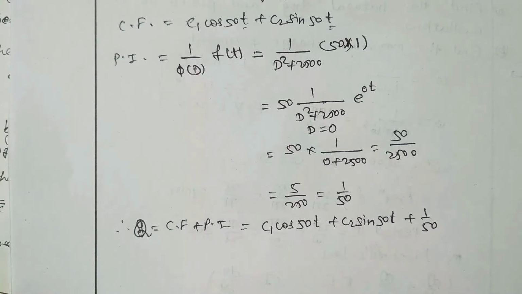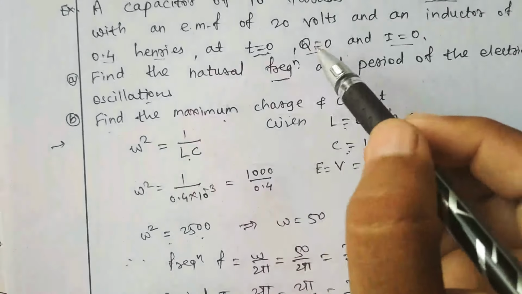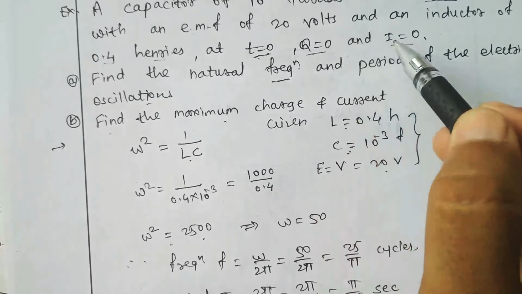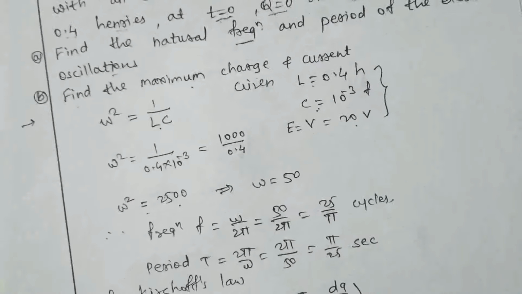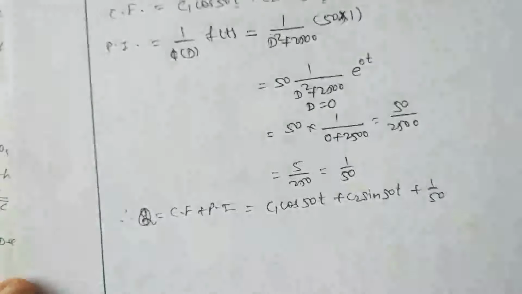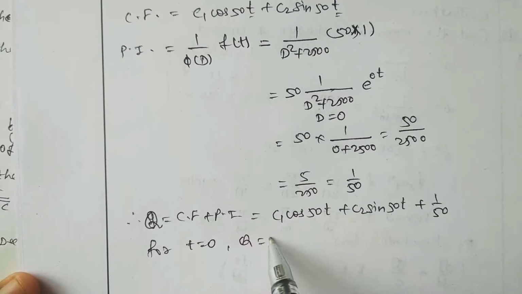Now we are going to use the initial conditions to find the values of C1 and C2. In the question it is given that at time t equals 0, the value of q is 0 and the value of I is also 0. So one by one you can use the initial conditions. For t equals 0, q is also 0.